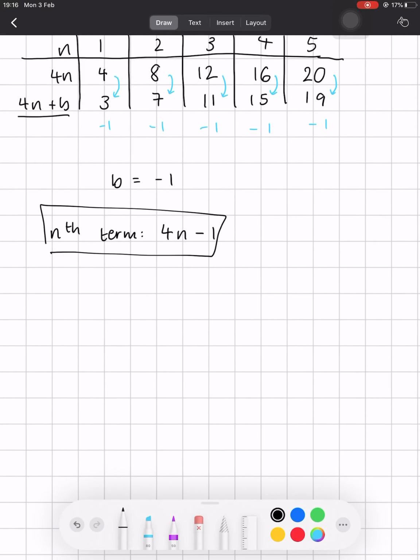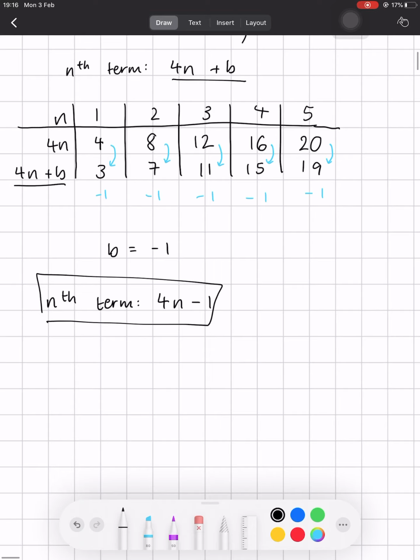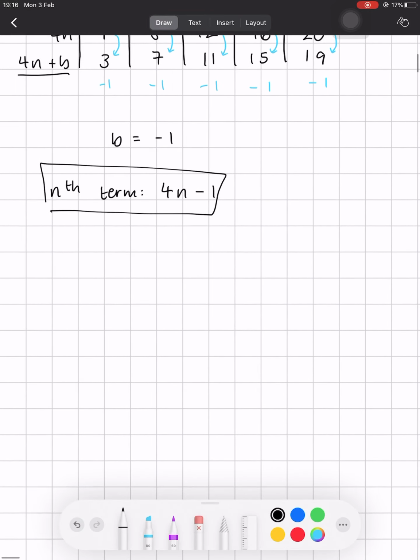Another way of working out how you can get the plus b section, so let's do our original sequence here. 3, 7, 11, 15, 19. And we said that the difference between each one is plus 4. And so what we're going to do here is, so we said that this is the first term, this is the second term, third term, and so on.